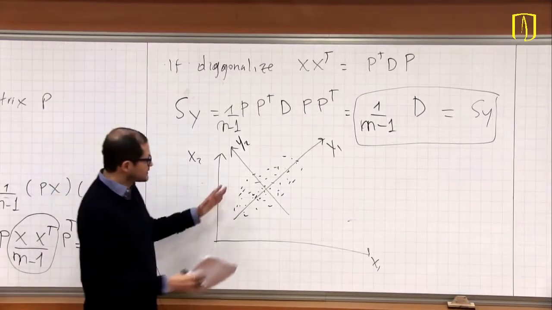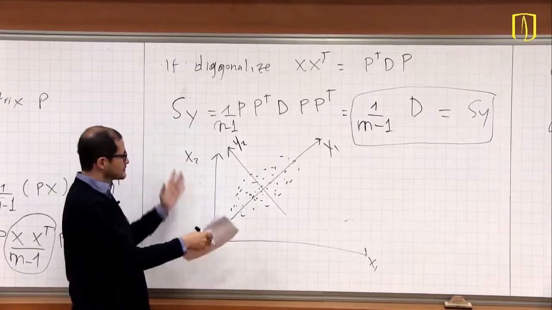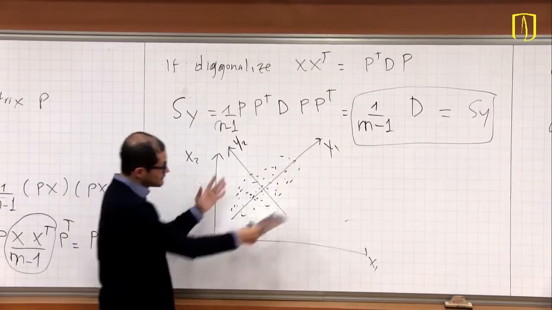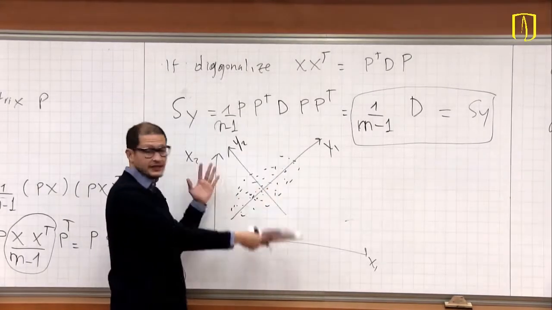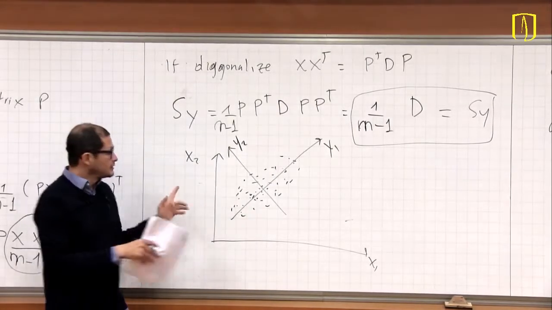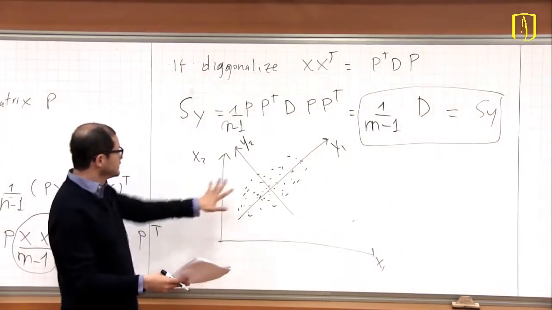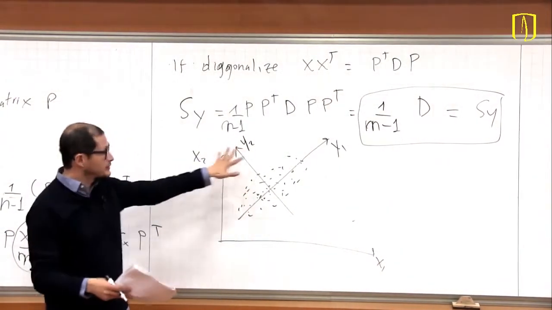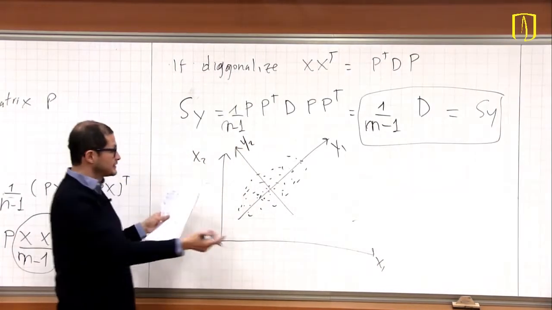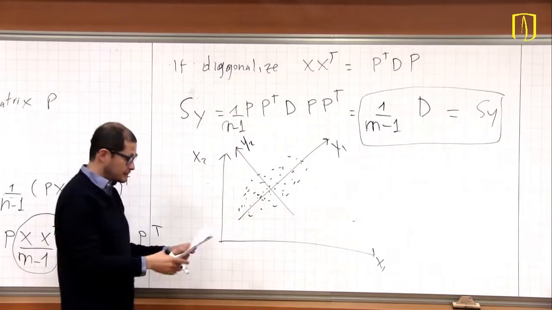I tried to draw a data set in which there is some correlation between x1 and x2, but now we rotate this frame of reference to axes y1 and y2, such that the data will look more uncorrelated.